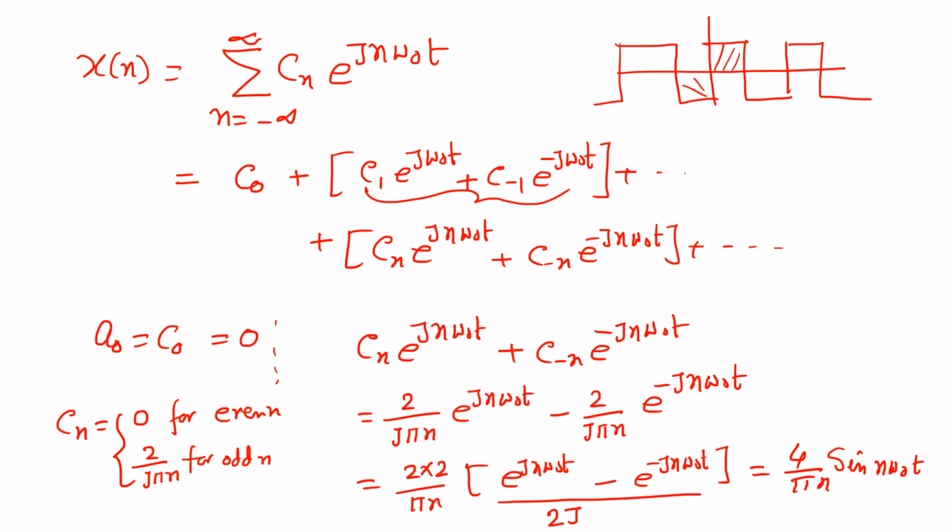So in trigonometric form, that periodic signal expression is 4 upon pi n. The first component is n equal to 1, so 4 upon pi sine omega naught t. Then for even n it is 0.